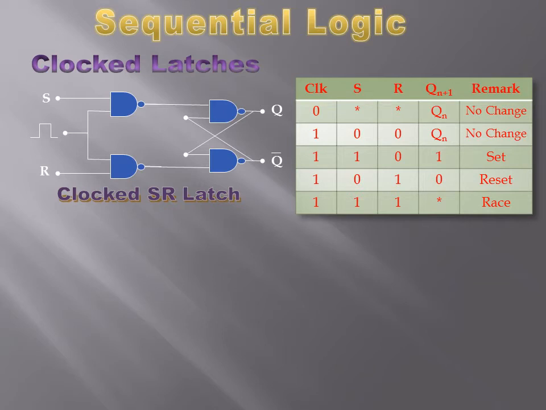If the set condition is there, S equal to 1 and R equal to 0, the output is 1, and the output is 0 only when there is a reset condition, R equal to 1 and S equal to 0.